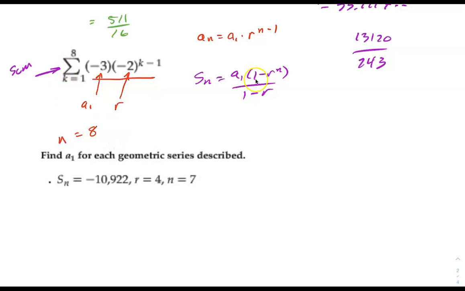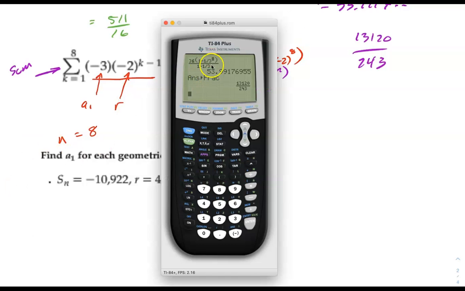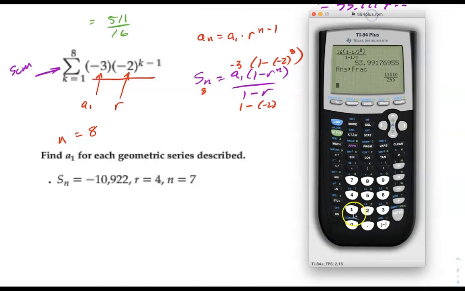And if I want the sum of this, I can just plug it in here. So I'm finding the sum of 8 terms. My first term is -3, times 1 minus -2 to the 8th, all over 1 minus -2. Again, I could type that into my calculator: -3 times 1 minus -2.